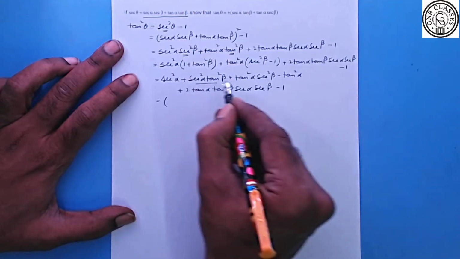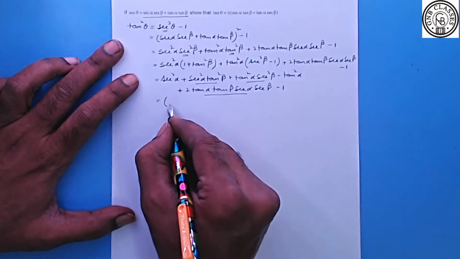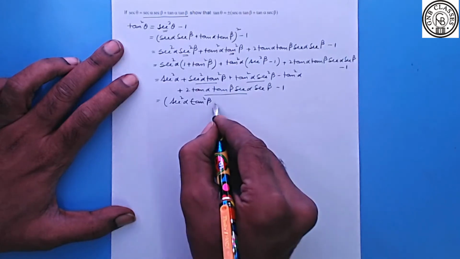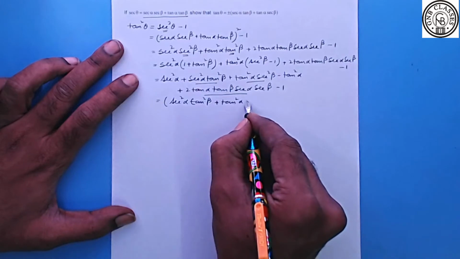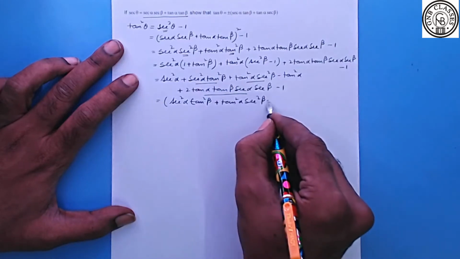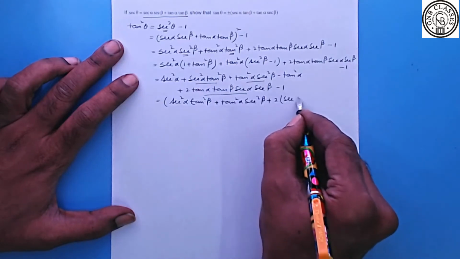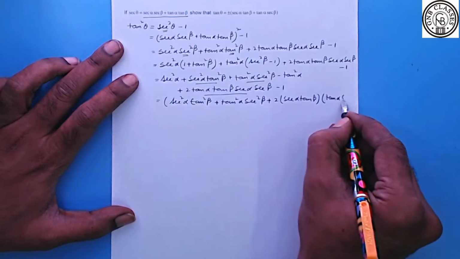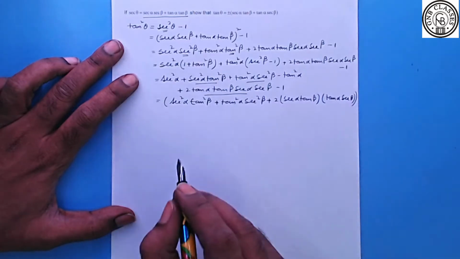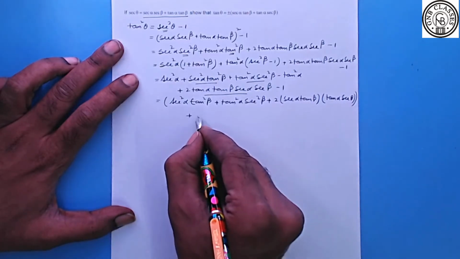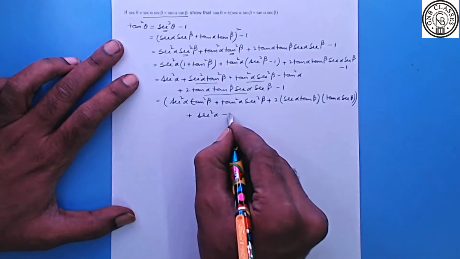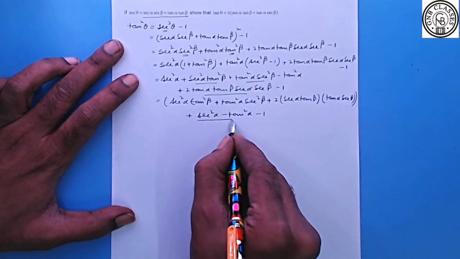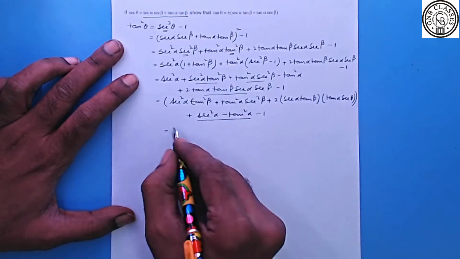So let me write this one and this one in one bracket. Sec square alpha tan square beta, tan square alpha sec square beta plus 2 sec alpha tan beta tan alpha sec beta, plus sec square alpha minus tan square alpha minus 1. Now, sec square alpha minus tan square alpha will give you 1.